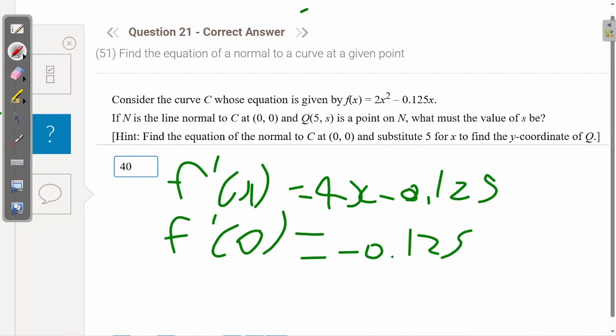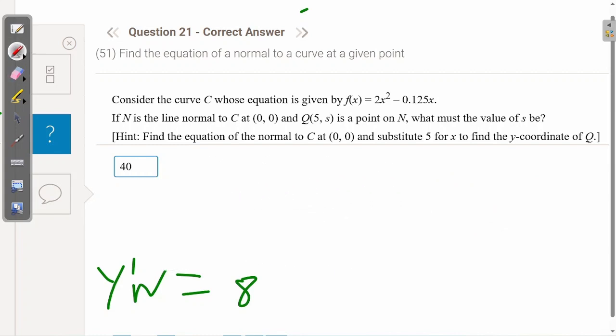Then for the normal it's going to be negative 1 over that, so you get 8. Then you do y minus 0 equals 8 times (x minus 0).